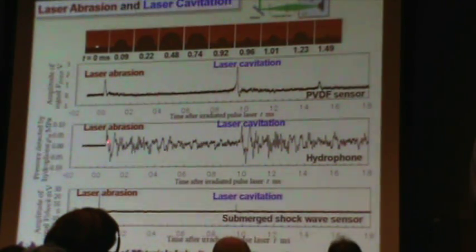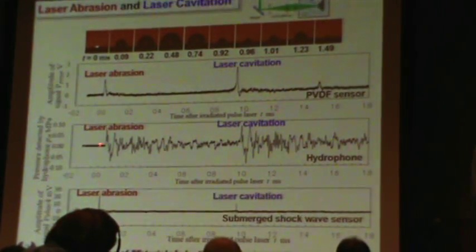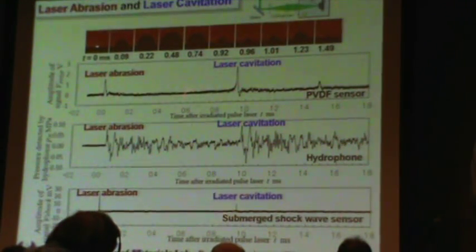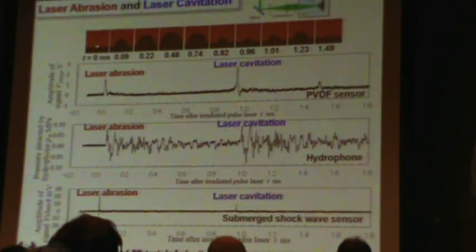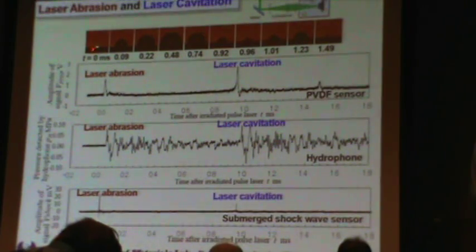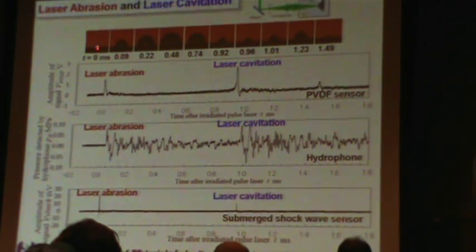And this is a signal from the hydrophone. The hydrophone was put in the chamber, and I also put another submerged shock wave sensor in the chamber. If we measure the shock wave in the material using the sensor, this is the aspect of the bubble.